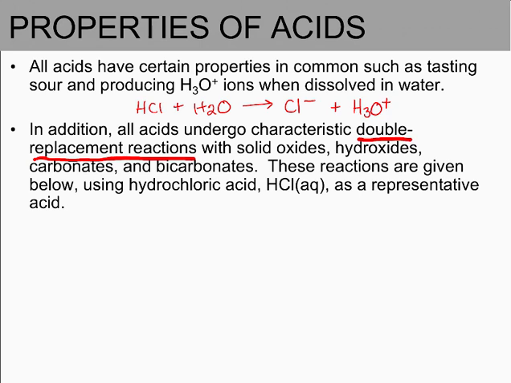Previously, we did a lab involving carbonates and bicarbonates, so we'll go over those reactions again, and we'll also talk about solid oxides and hydroxides. Let's go over those reactions, using hydrochloric acid as our acid.